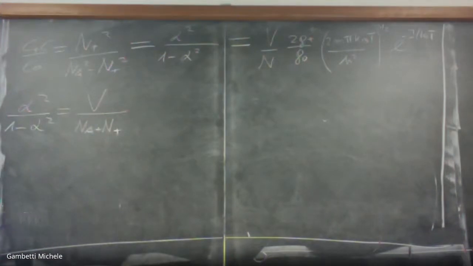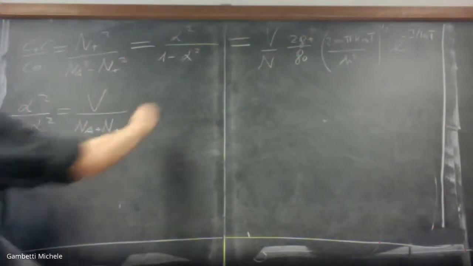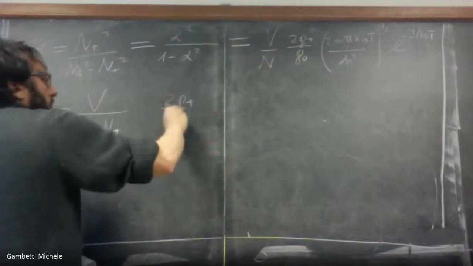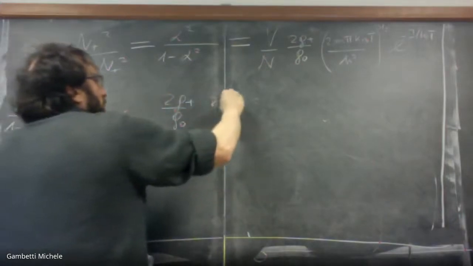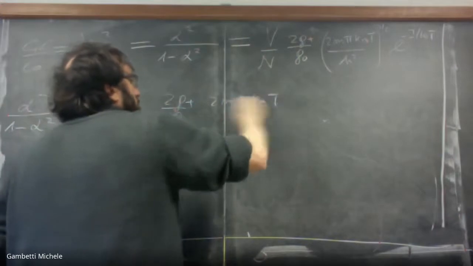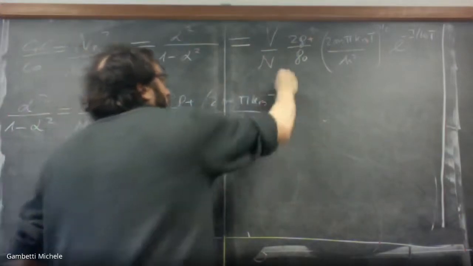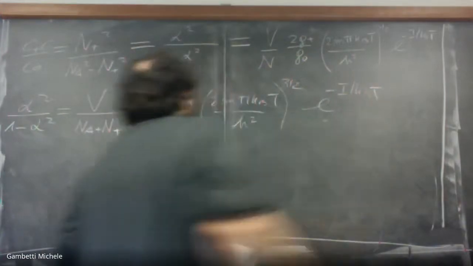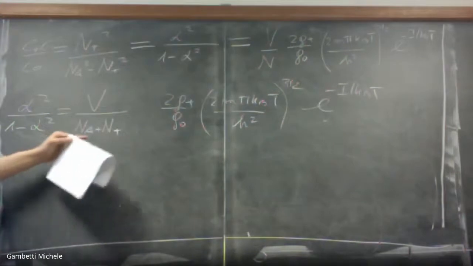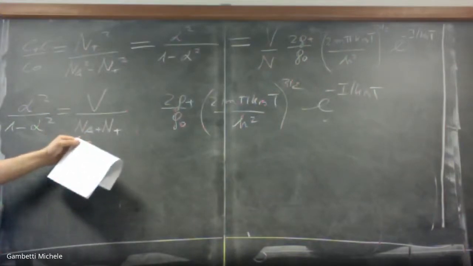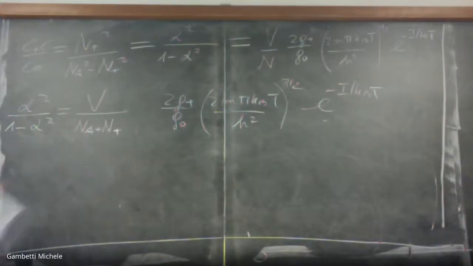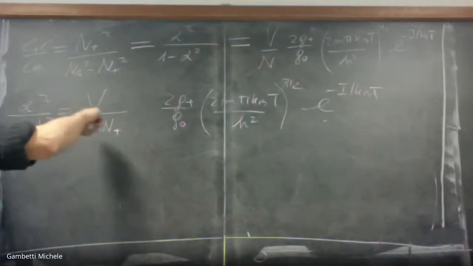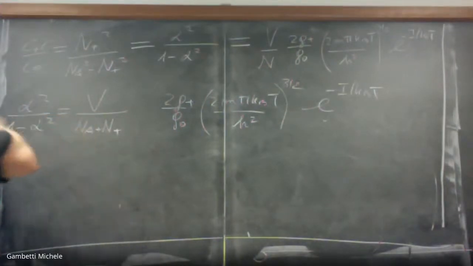Then the rest is the same, so 2g plus over g0, 2 m pi kBT divided by h squared to the power of 3/2, exponential of minus I over kBT. Now let me multiply here and divide by NA.